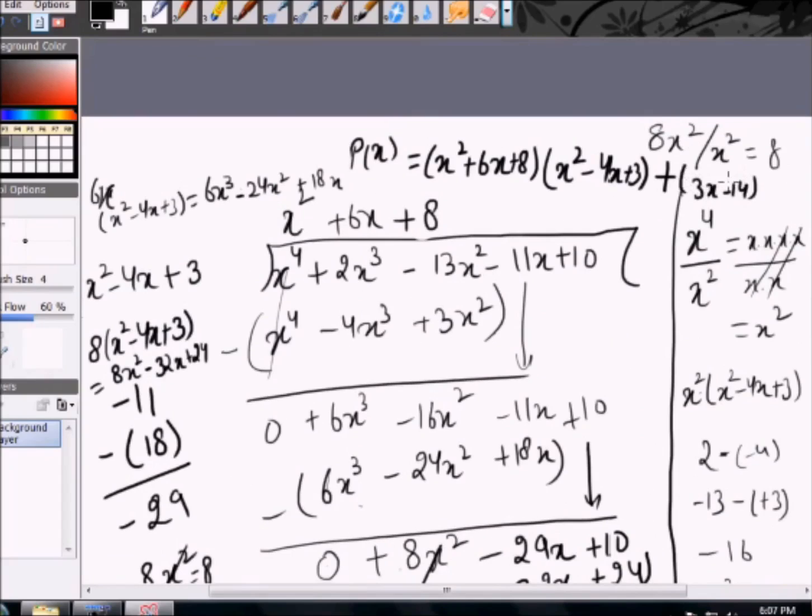Now if this remainder is brought to the left hand side, we get p(x) minus 3x minus 14 equals a product plus 0.